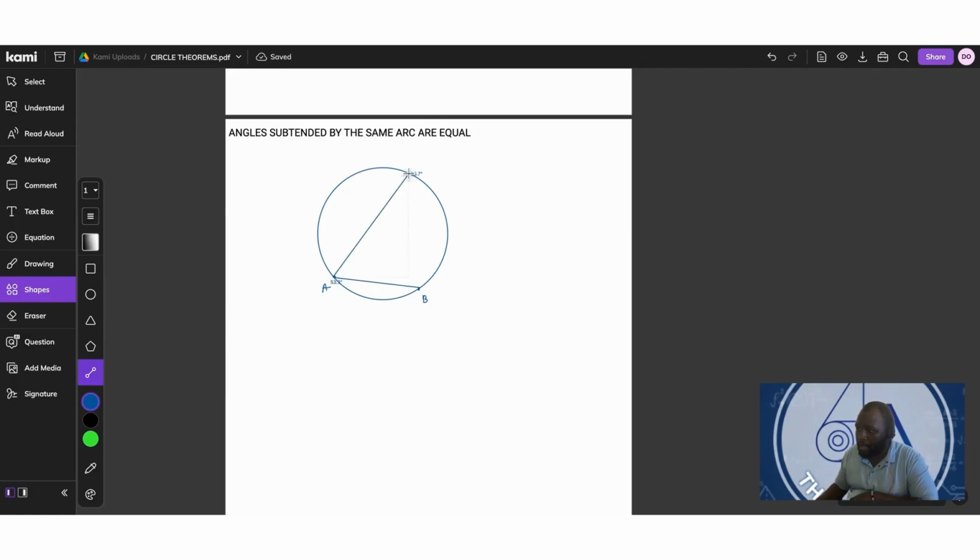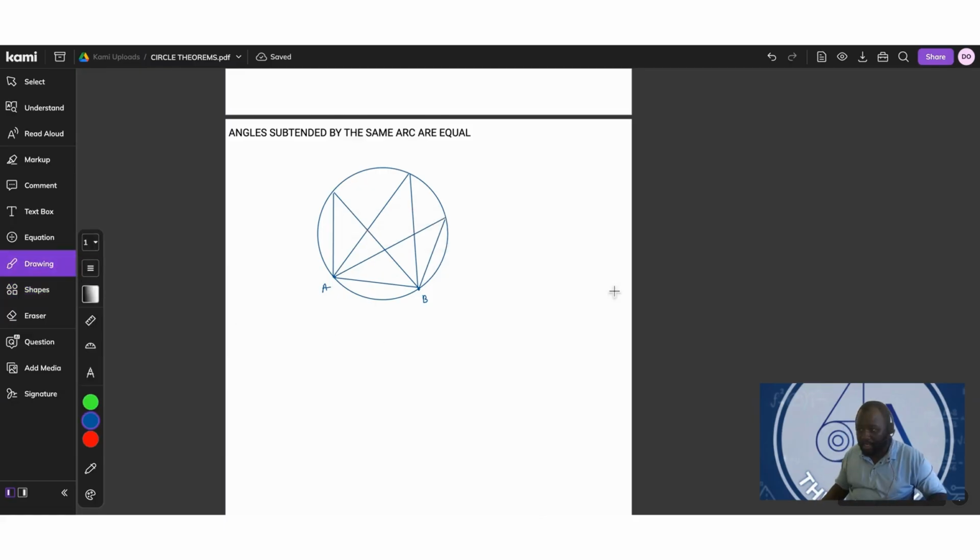So if I draw an angle like that and another angle like that, and I draw an angle like that and another angle like that, and I draw a third angle like that and another angle like that, it looks like an origami flower.